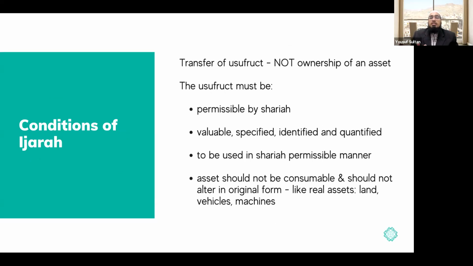Two ways. Firstly, the asset itself has to be permissible. Let's say a usufruct of a car. A car is halal, fine. Then Sharia-wise it's permissible, so we will consider that one of the conditions of being permissible is met.